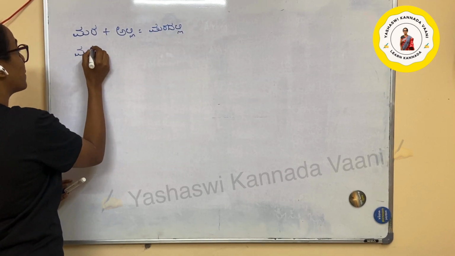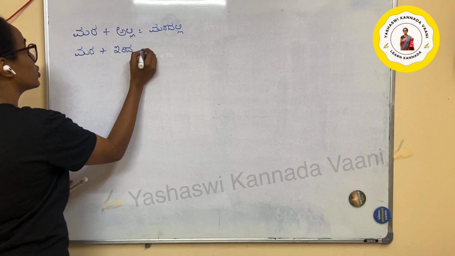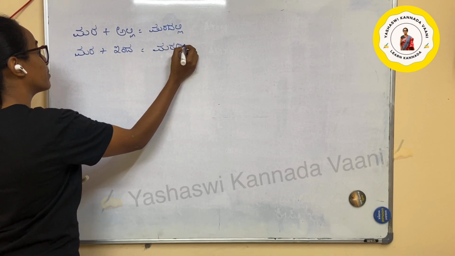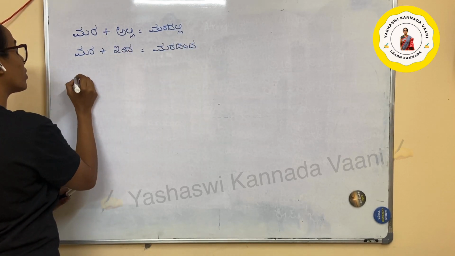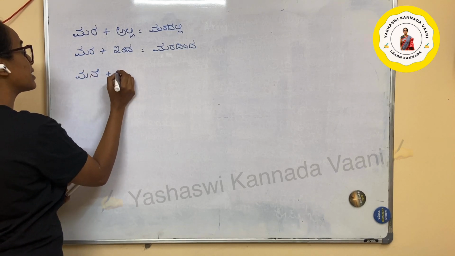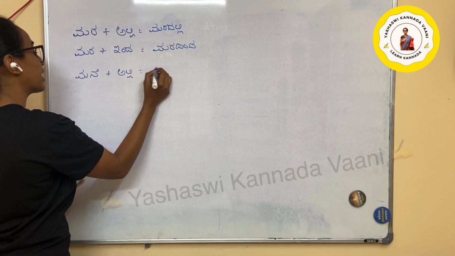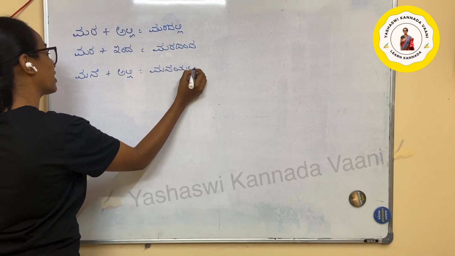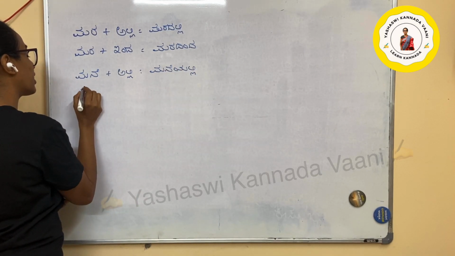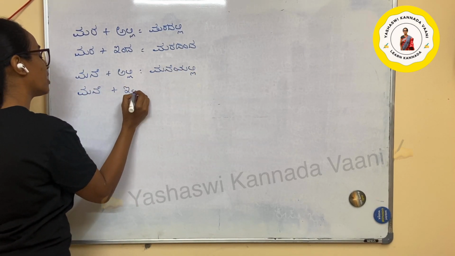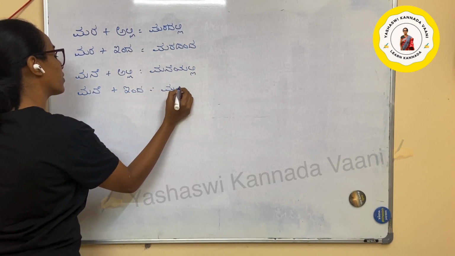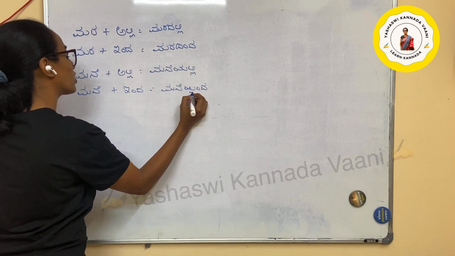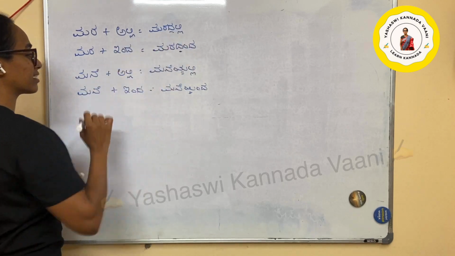Mara plus inda will be maradinda. We also learned mane plus alli, maneyalli, and mane plus inda, maneyinda. I hope you understood what we are adding here, alva?